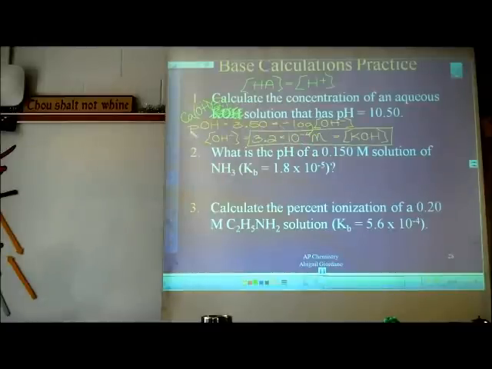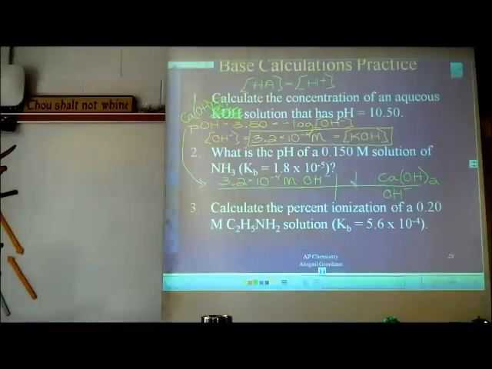Let me just bring this down here, and I'm going to set it up like a quick little T-chart. If this is my molarity of OH minus, that's not what I'm being asked for. I'm being asked for the entire compound.